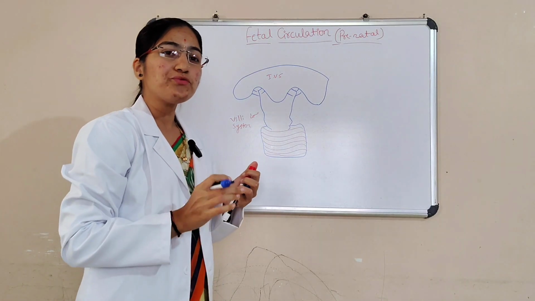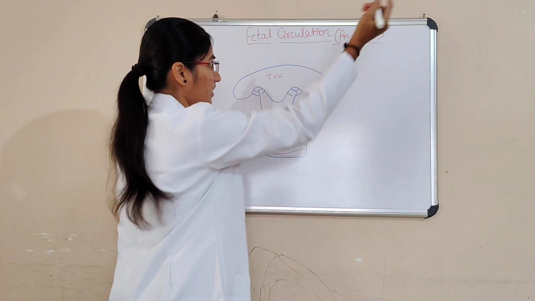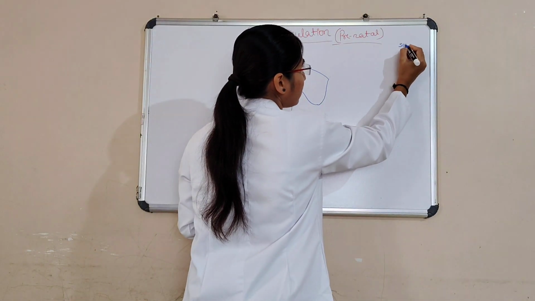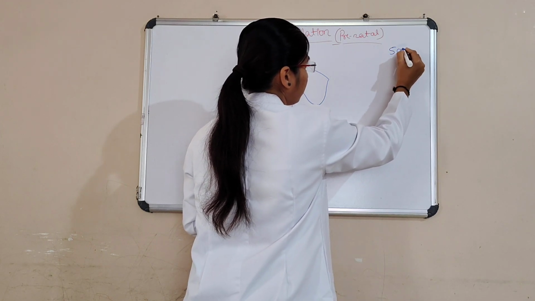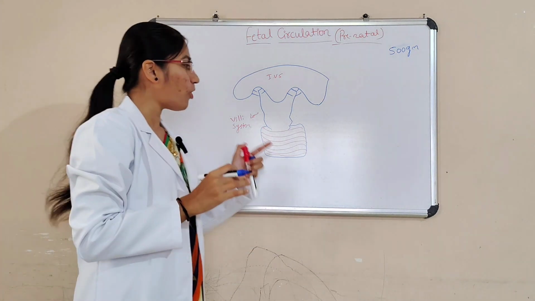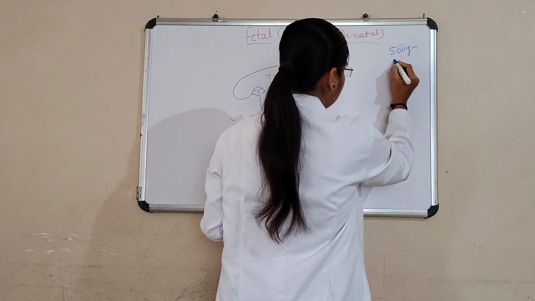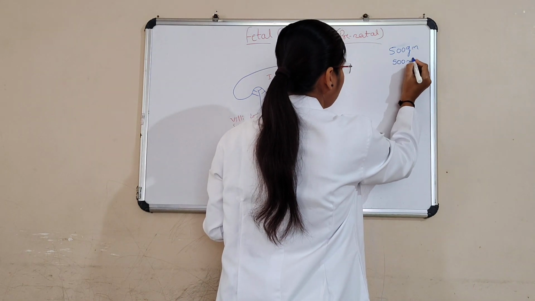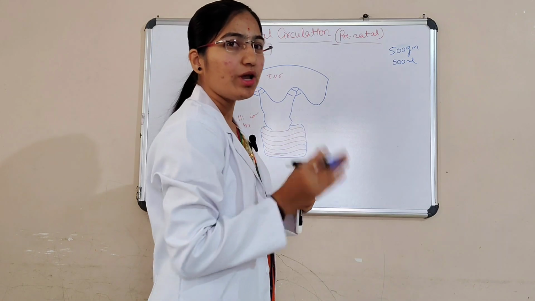Here, the weight of the placenta is 500 gram. Then the total volume of the placenta is 500 ml. In the placenta there is 500 ml of blood.